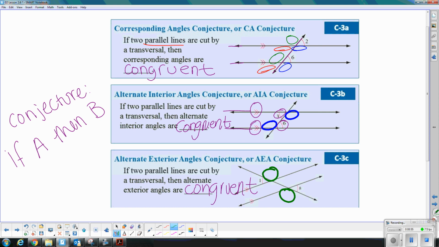So if two parallel lines are cut by a transversal, then corresponding angles, alternate interior angles, and alternate exterior angles are congruent.